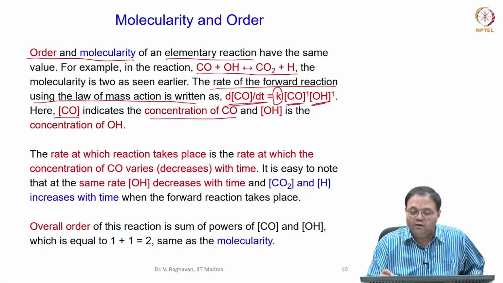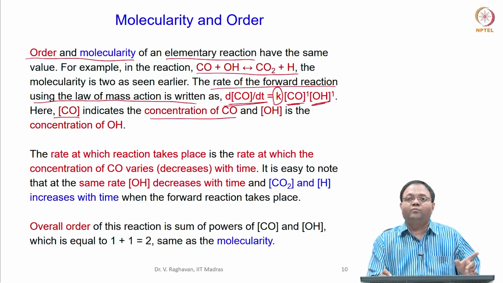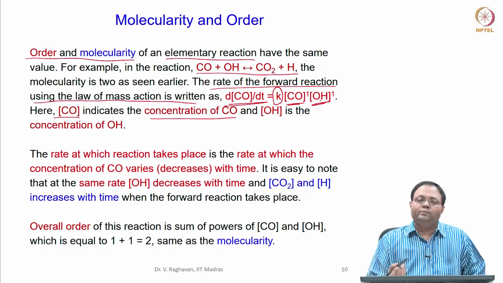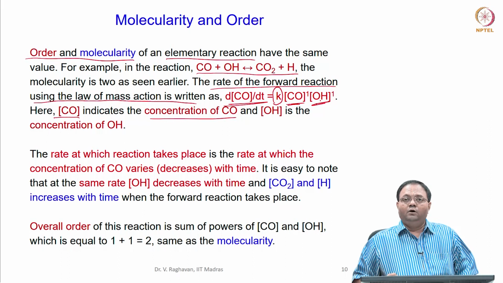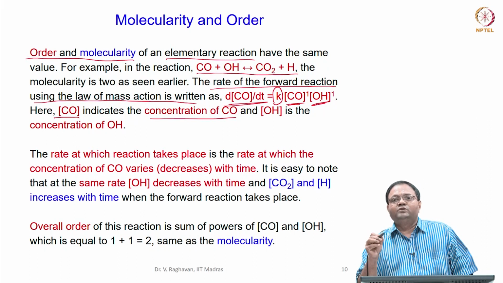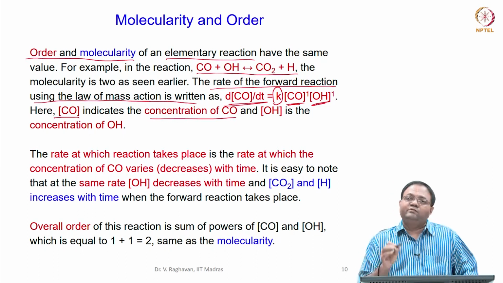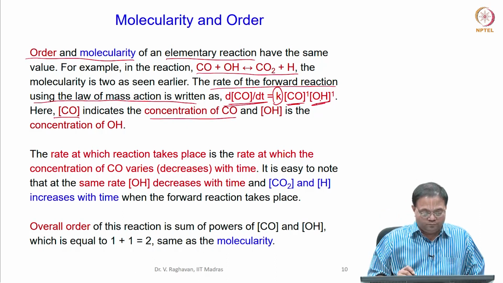So, CO power its number of molecules, similarly OH power number of molecules. When you add them, that will be the molecularity. So, order of the reaction and molecularity will be the same for an elementary reaction. Order of a reaction is defined for an elementary reaction, and it is defined for a global reaction also, but molecularity is defined only for the elementary reaction.